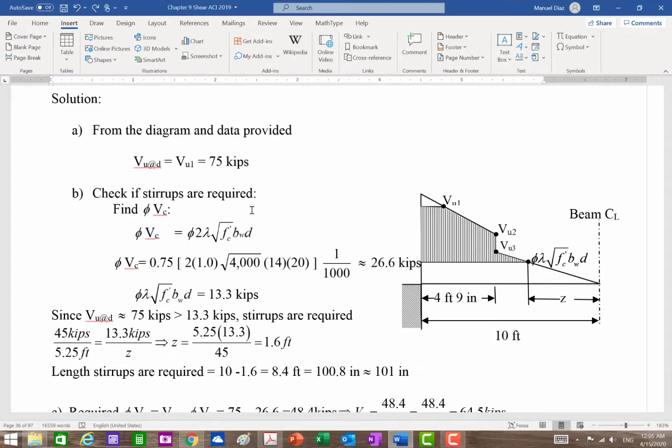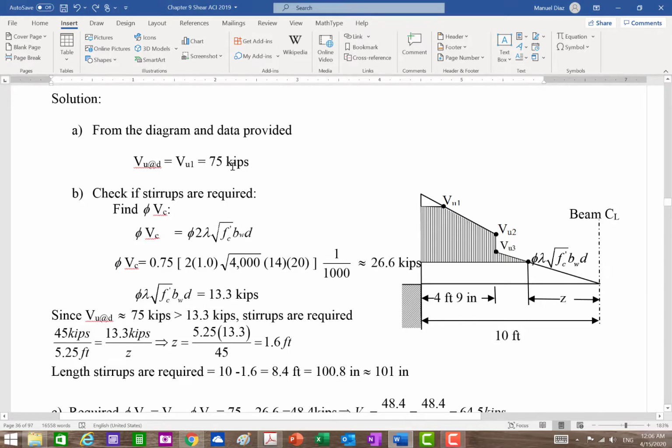Therefore, you will use either of the two equations from ACI, the first two. Everything will be based on this one. We're going to ignore the other equation, all right? And that means we get a phi V sub C of 26.6. This value happens to be half of that, so that's 13.3, right?